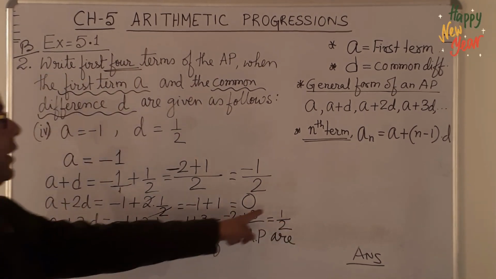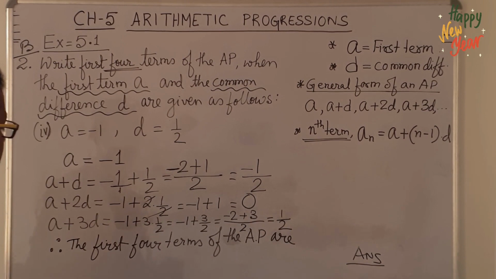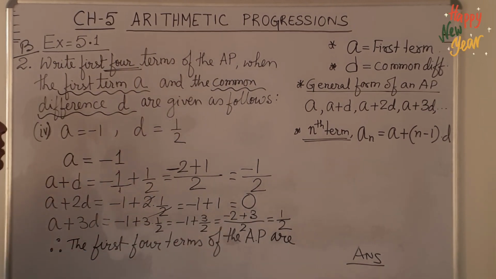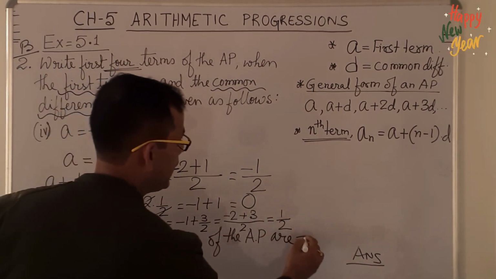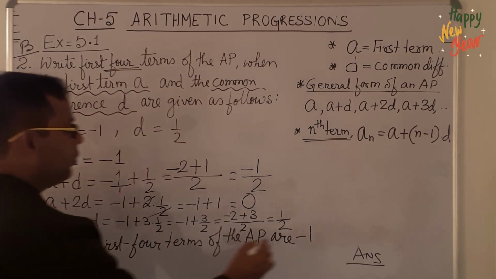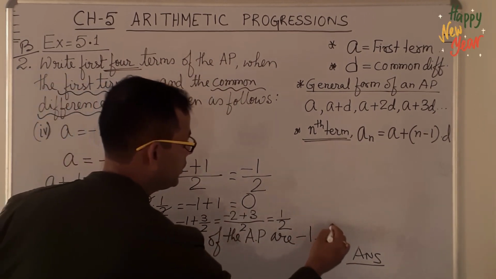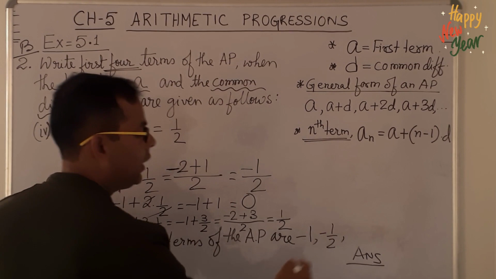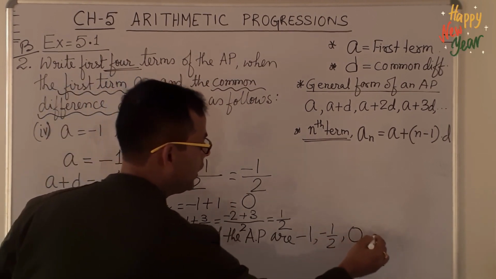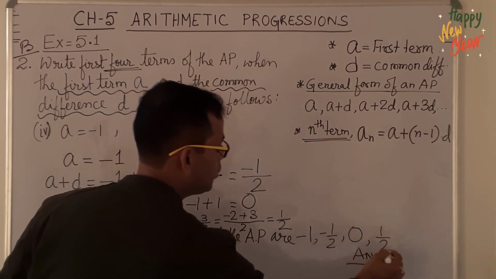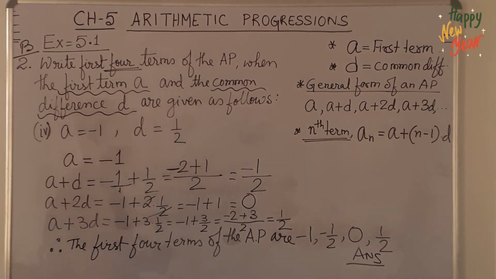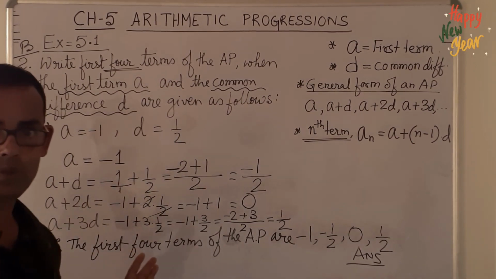Clear? So you are getting 1 by 2. Therefore the first 4 terms of the AP will be minus 1, comma, minus 1 by 2, comma, 0, comma, and last one will be plus 1 by 2. Clear up to this much?